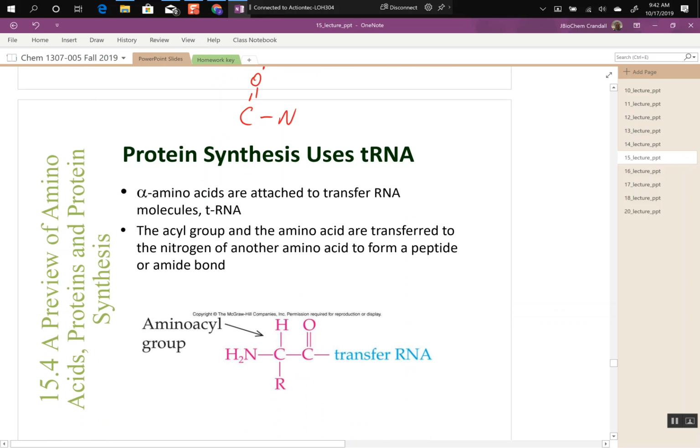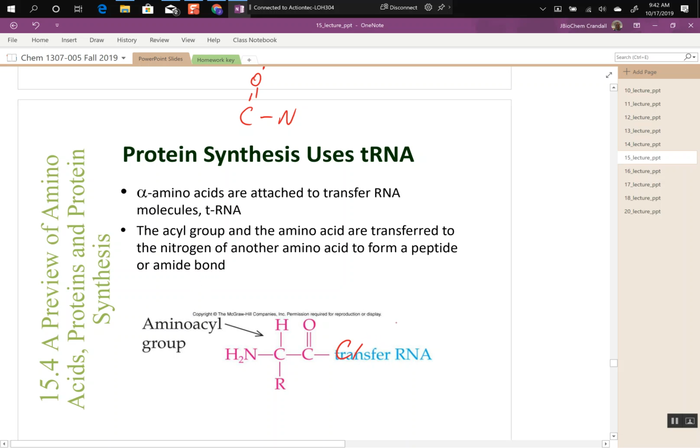And so think about how when we accomplish this peptide formation or the amide bond creation, the best way to do that is to use an acid chloride and an amine. So just think of this tRNA as a chlorine.